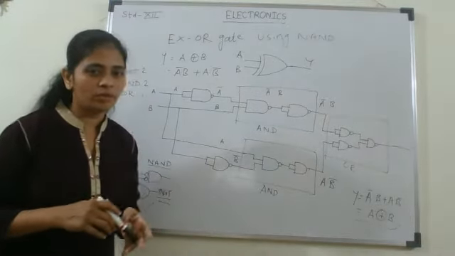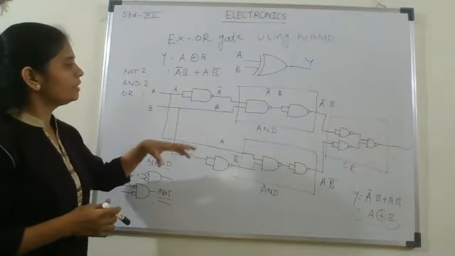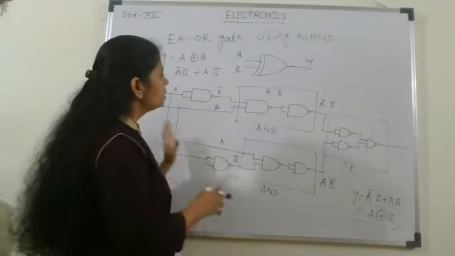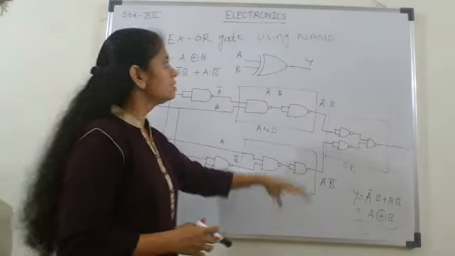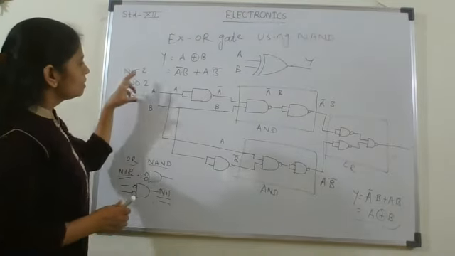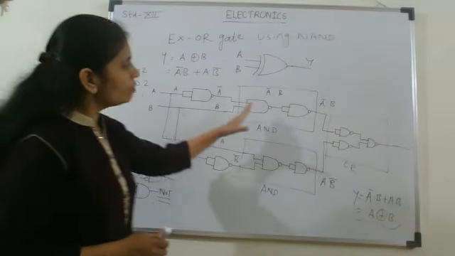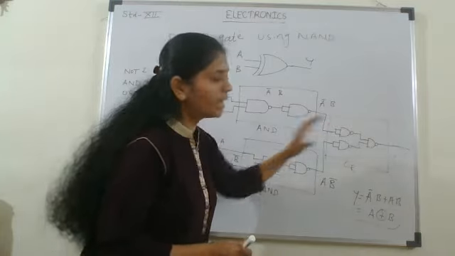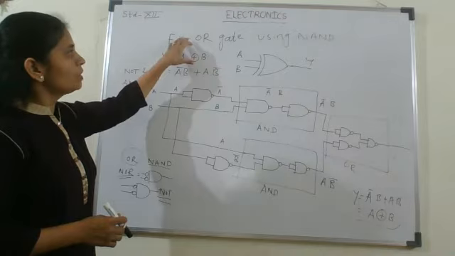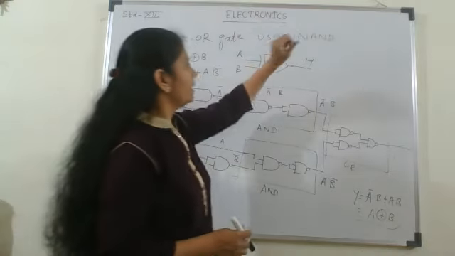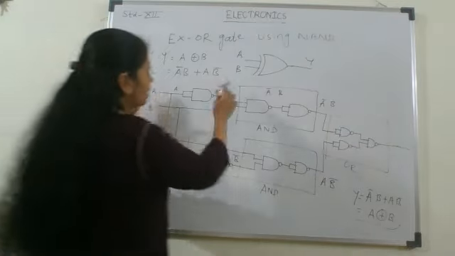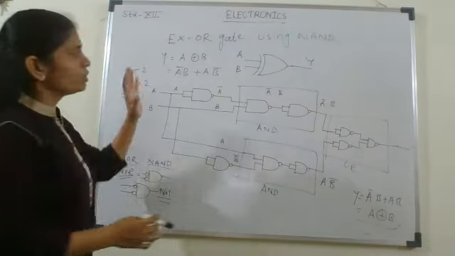We have to write down the Boolean equation, then draw the block diagram, then we have to draw the circuit diagram for this, that is the XOR gate using NAND gate. In this we are using only one type of IC, that is NAND gate IC, because we want to derive XOR gate using only the NAND gate. And this is the rough work we draw, and finally this much is the diagram of XOR gate using NAND gate.